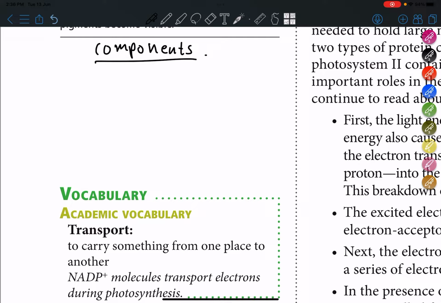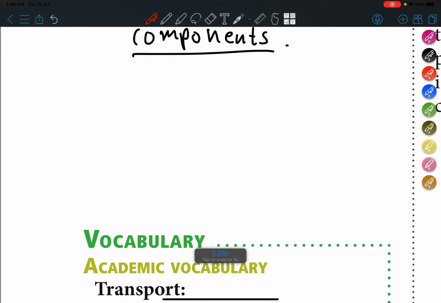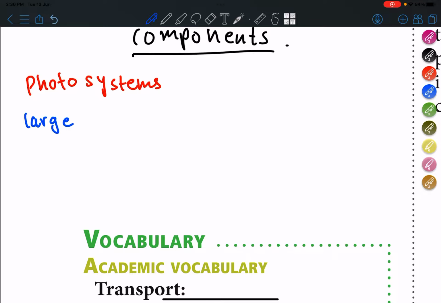Okay, so the thylakoid membrane is the site of the light-dependent reaction of photosynthesis, as we have discussed. Now, we're gonna encounter something called photosystems. Photosystems are large clusters of proteins. So they're large clusters, and clusters basically means groupings.